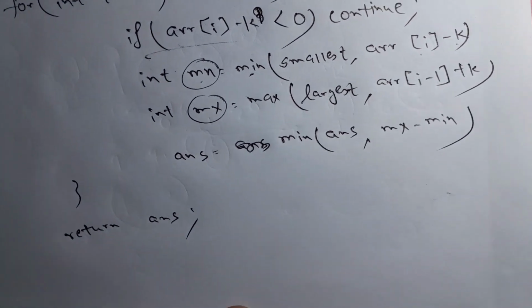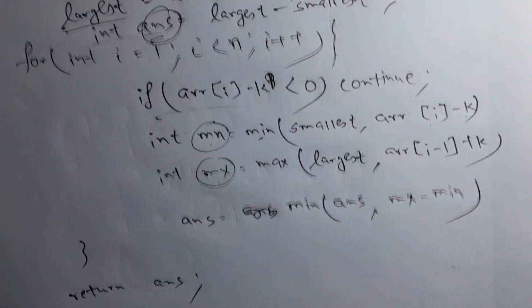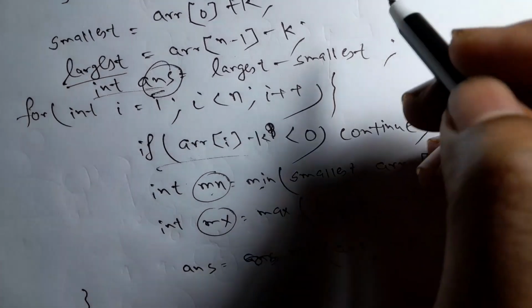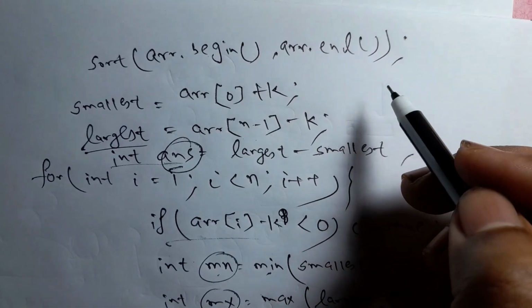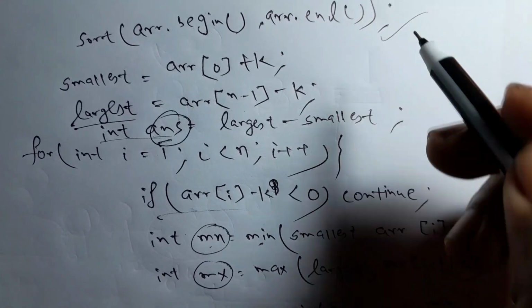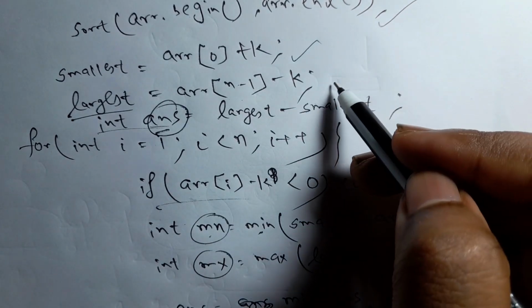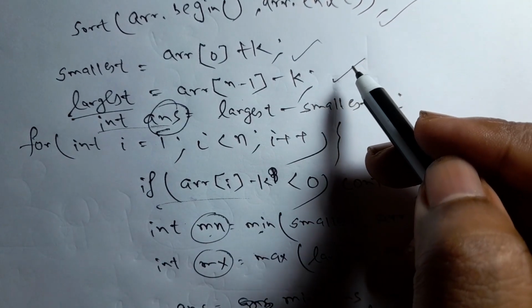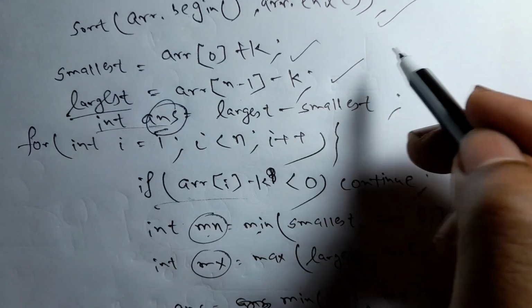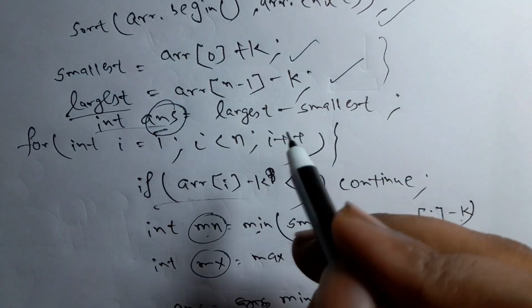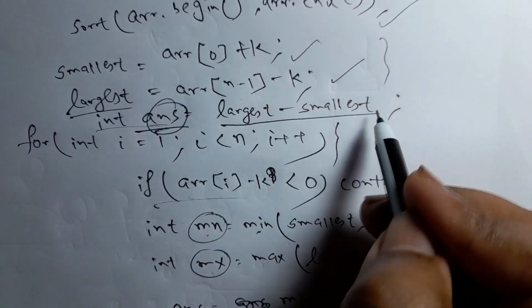So let's sum up. What I have done, at first I have sorted the array, then I have increased the smallest element, decreased the largest element, by which our difference will be the minimum, and I have stored the difference in answer variable.